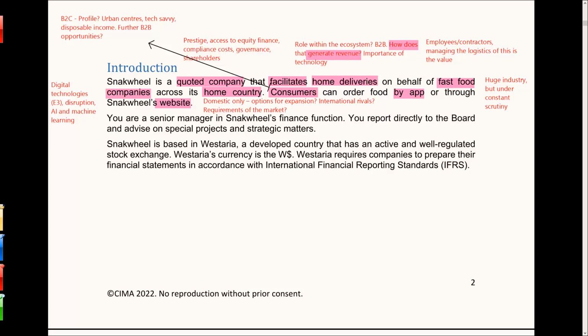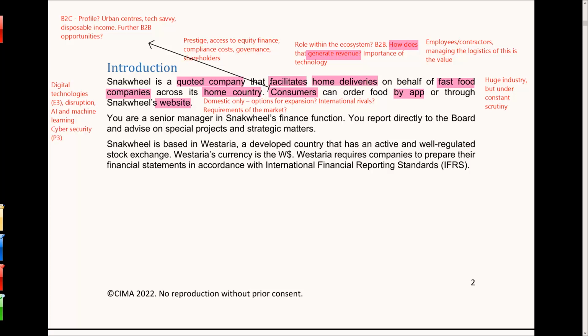The AI and the machine learning, then the algorithms can suggest the best possible options to those consumers. So that's going to be a key feature here in possibly offering the best customer service that is possible and potentially giving a company like Snakwheel a competitive edge over the competitors.